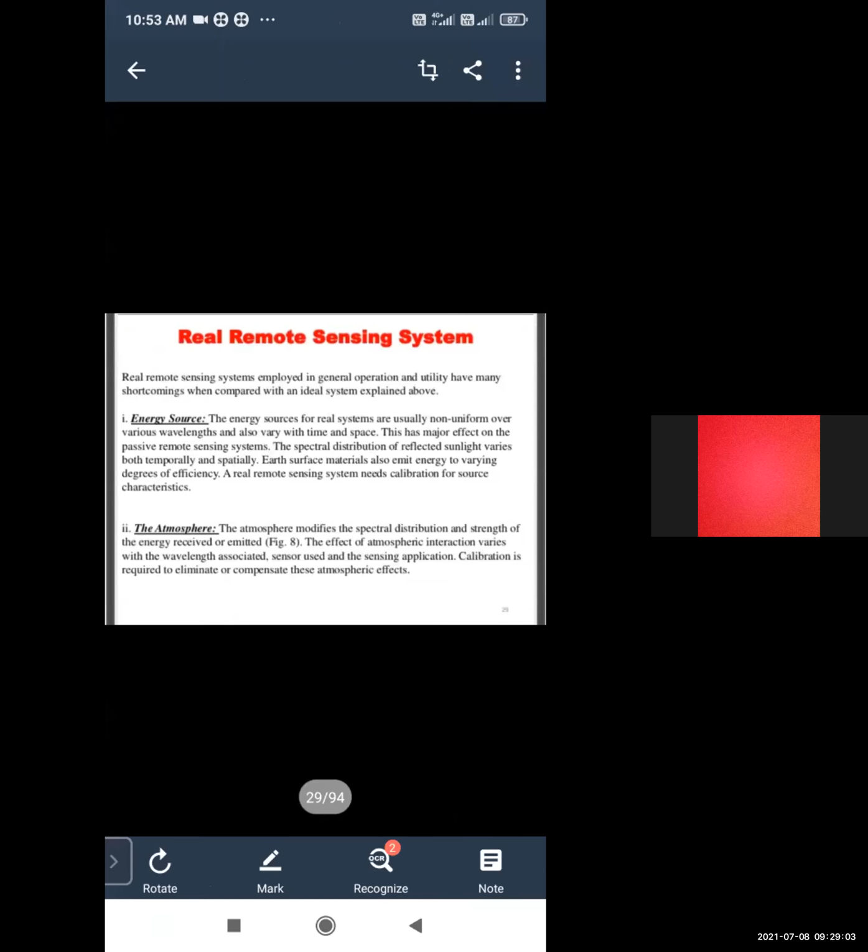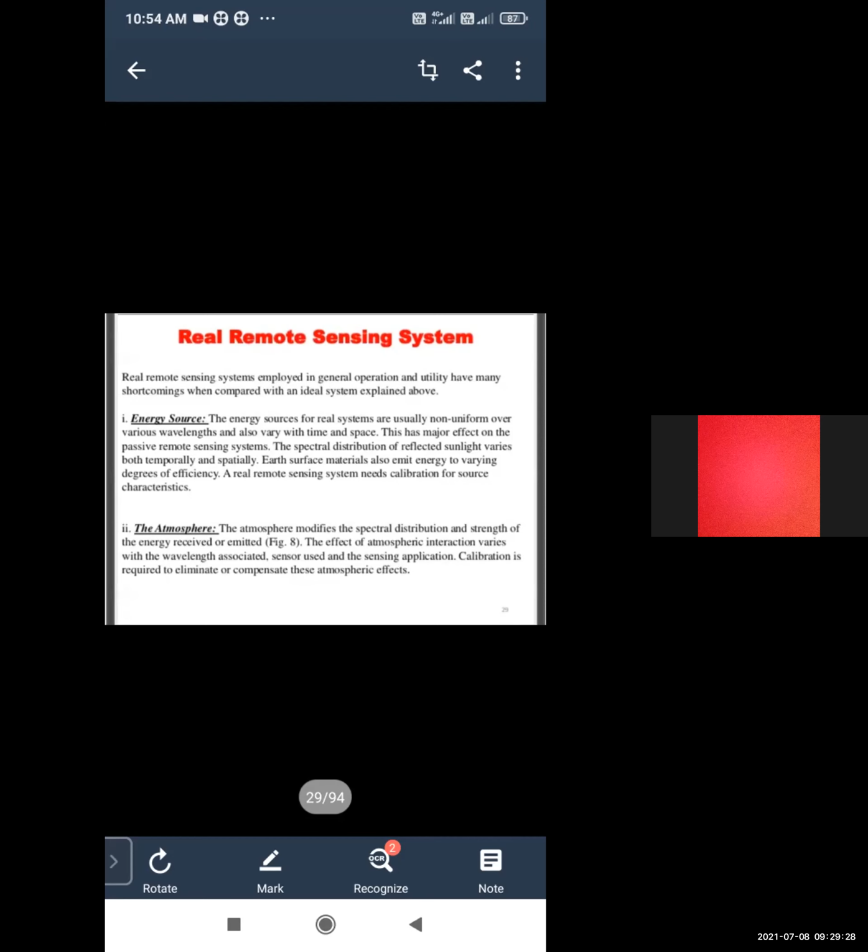Okay, so real remote sensing systems, as employed in general operation and utility, have many shortcomings when compared with the ideal system explained earlier. The first difference between the ideal system and the real system is the energy source.